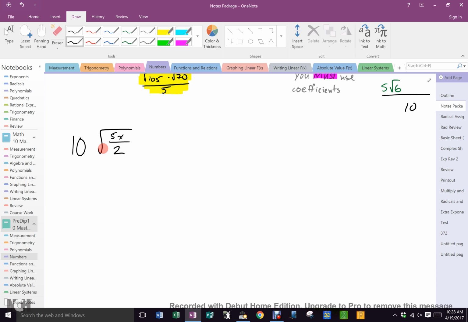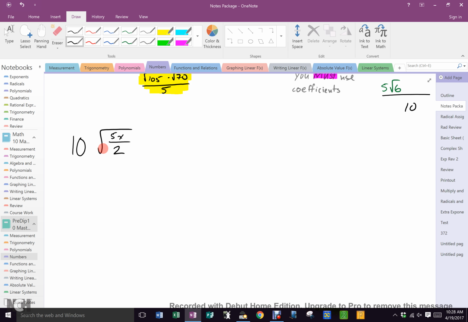Okay. Who has an idea? I don't want the answer yet. Who has an idea to make this look prettier in a way that we can deal with it? Anybody? Tavleen?